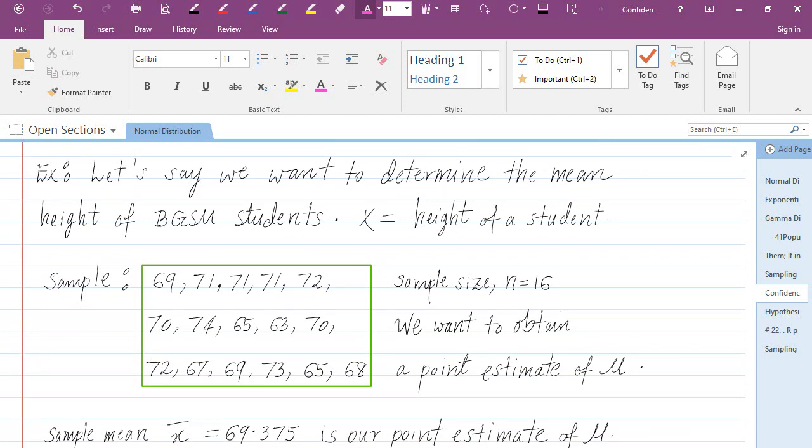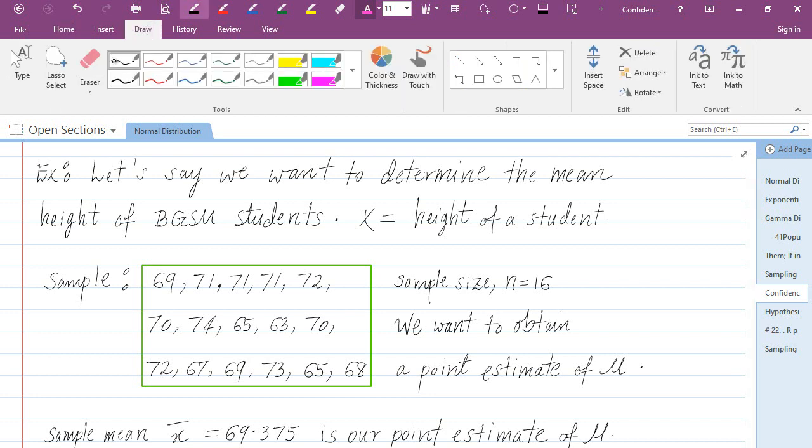So here the population of units would be all the BGSU students, and we take a sample of, let's say, 16 students and look at the measurements of their height. Let's say this is the sample that we get. We are using inches as the unit of length, so all these measurements are in inches.